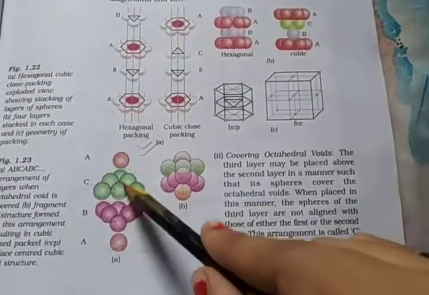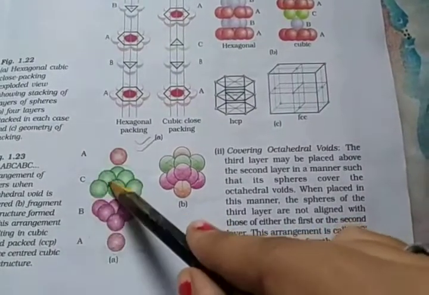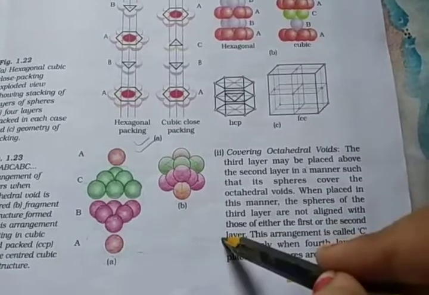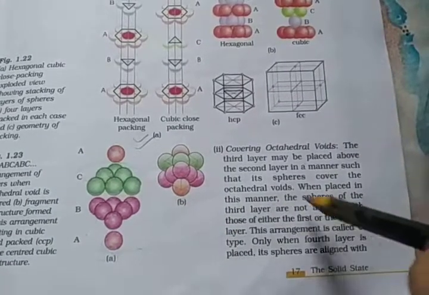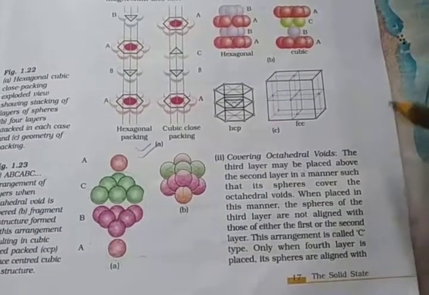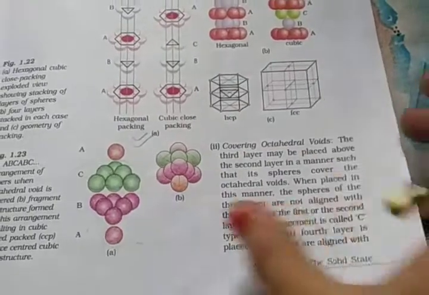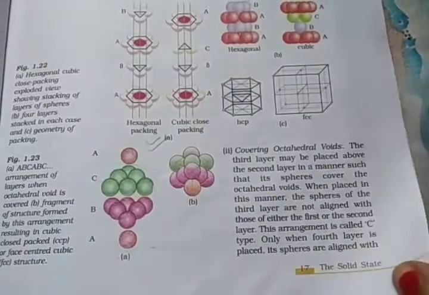So third layer different from first or second. So pattern is ABC ABC pattern, and its structure is known as CCP and then FCC, cubic close packing and face centered cubic packing. Okay, and then 6 spheres covered by 6. So its coordination number is 12.